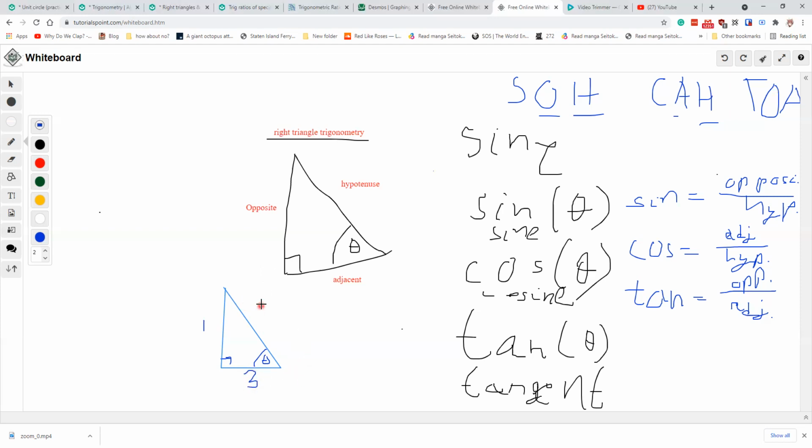And so the few things I want you to do are, first, what is sine of theta? What is cosine of theta? And what is tangent of theta, or tan of theta?